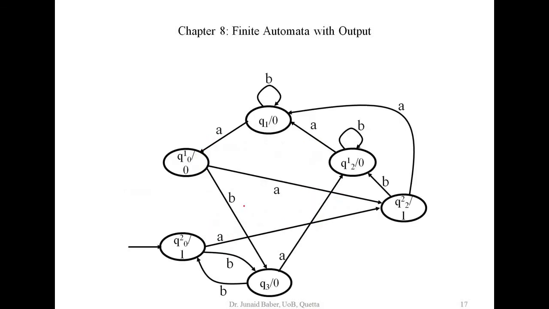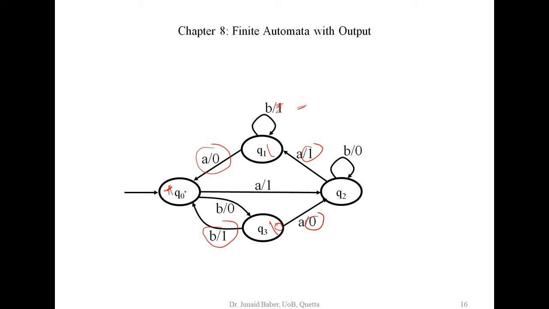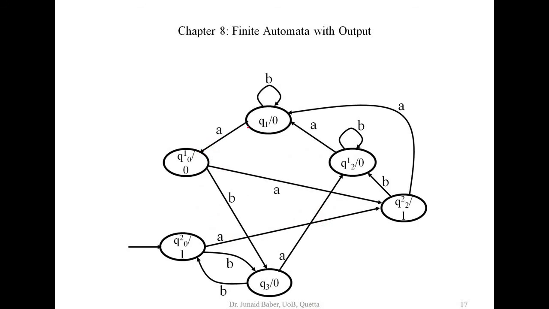So when we convert this, first we divide Q0 into Q01 and Q02. Q01 has the incoming edge from Q1 with 0. So Q1 with 0 will only come to Q01, but it will not go from Q1 to the other state. Why?